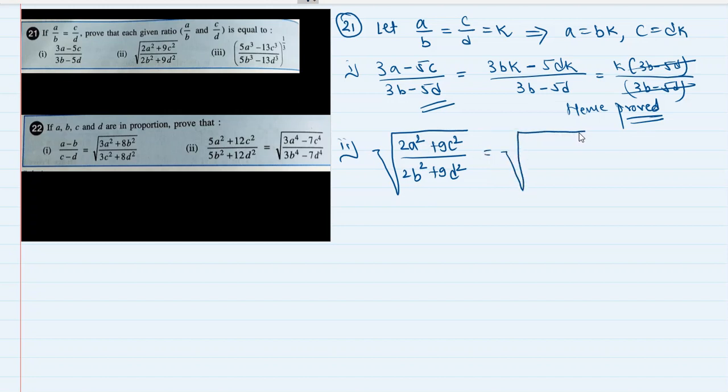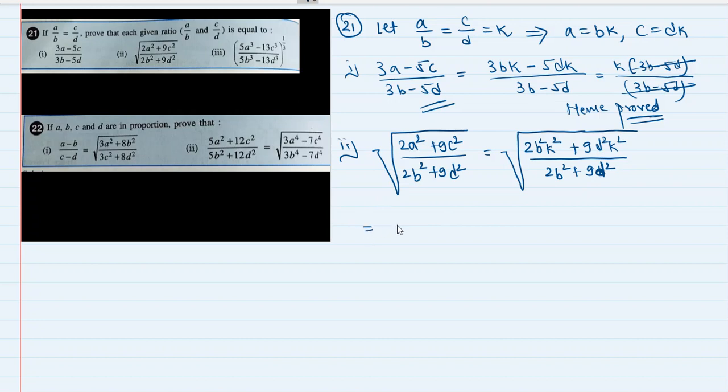Under root of, in the place of A, BK, so you will get 2B square K square plus 9D square K square upon 2B square plus 9D square.